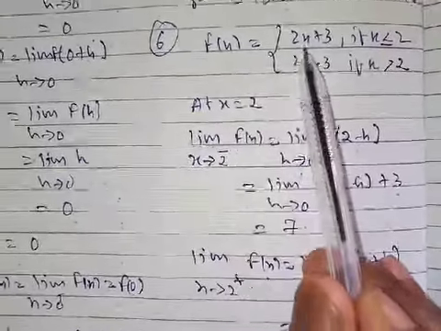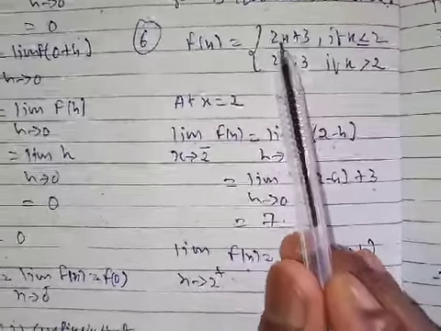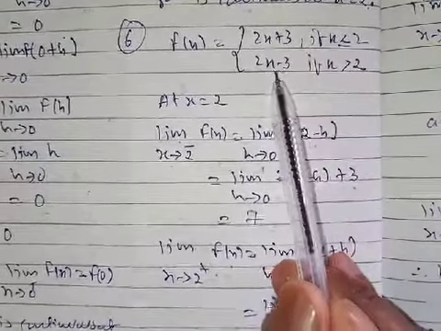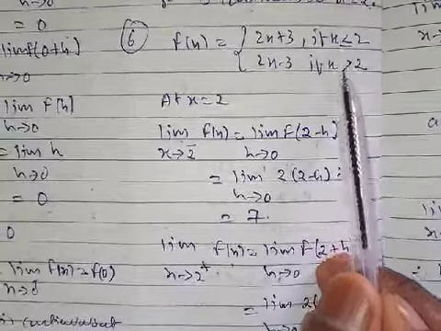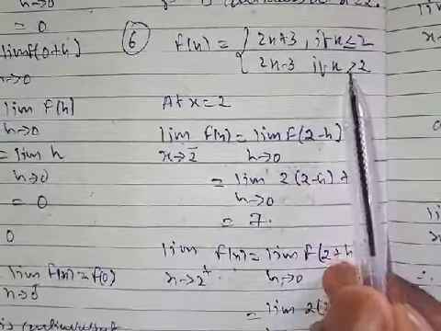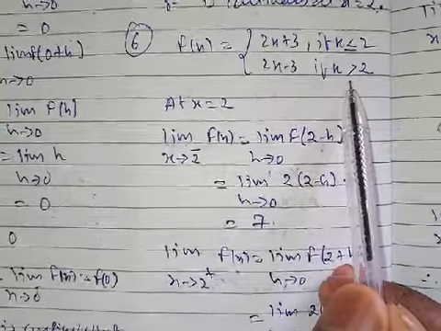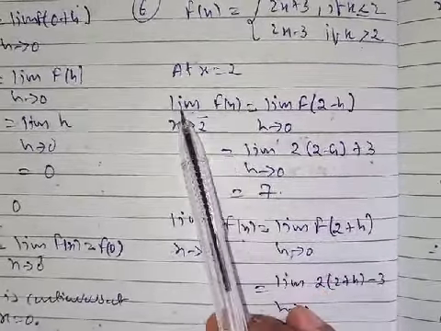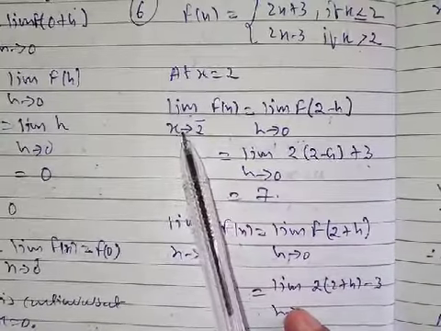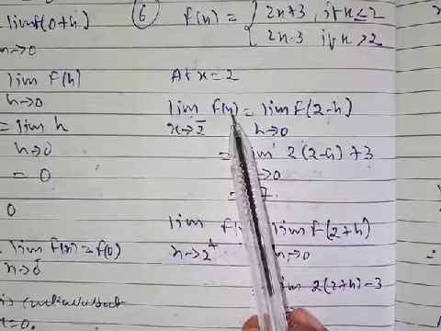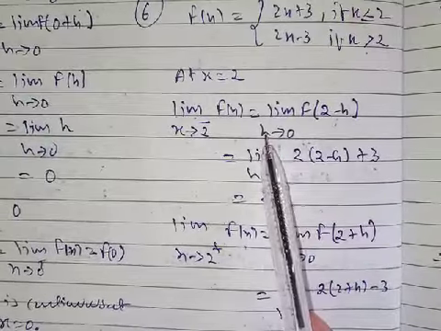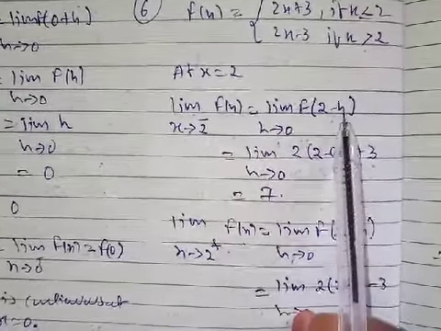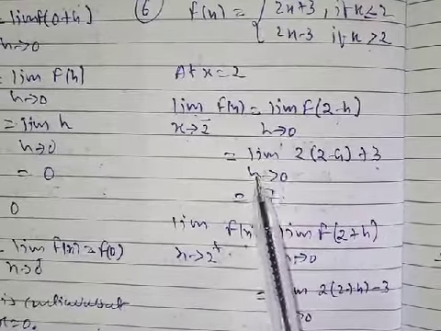Let's see the sixth sum. f of x is equal to 2x plus 3 if x is less than or equal to 2, and 2x minus 3 if x is greater than 2. So we have the right hand side and left hand side limit at x is equal to 2, is it? So at x is equal to 2, limit x tends to 2 minus f of x is equal to limit h tends to 0, how will we write? f of 2 minus h is equal to limit h tends to 0.